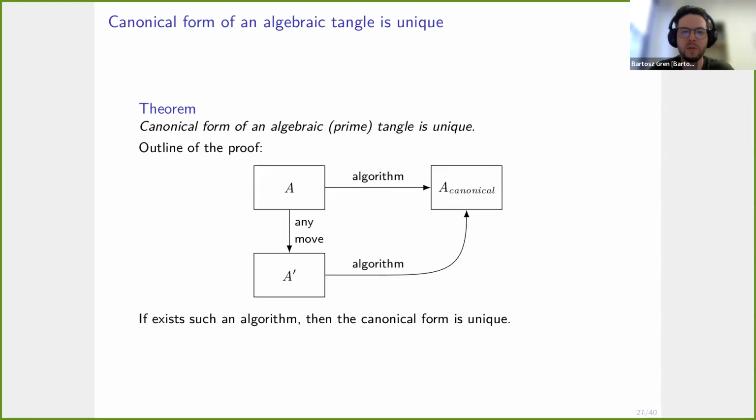And if we modify this tangle A by any isotopy preserving move, and the output of the algorithm is the same, then the canonical representation is unique, because otherwise we would have two canonical representations, and they wouldn't be unique.